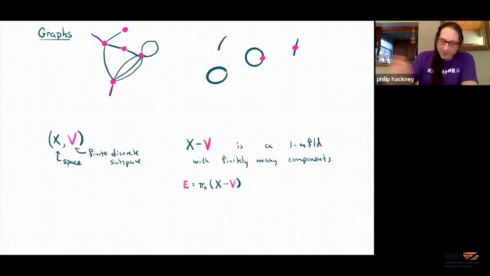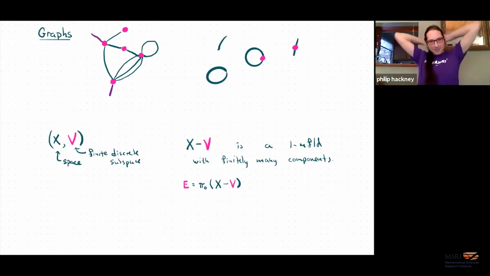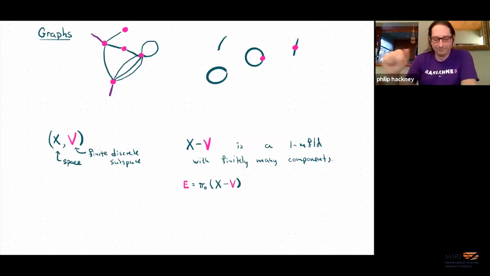One way of encoding what I'm thinking about is that you have a space and then you have some discrete subspace V of finite number of vertices, so that the complement of that is some one manifold. That would allow us to include this circle in our example when V is empty. And then you can recover the set of edges as the set of components of this complement.